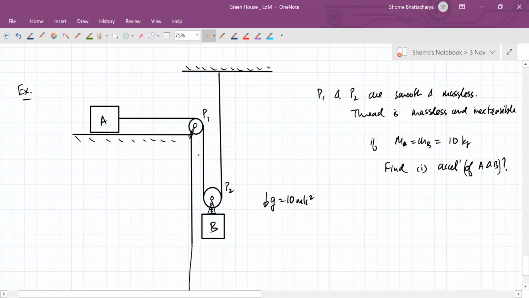So there can be no case of equilibrium unless we are pulling A or unless there's friction, and friction will come for us later. Also B cannot be going up unless we start pulling from this side. So it will always be the case that B is accelerating downwards and A is accelerating horizontally. However, we have to solve for the case where the masses are equal, and we also have to find the tension in the thread.